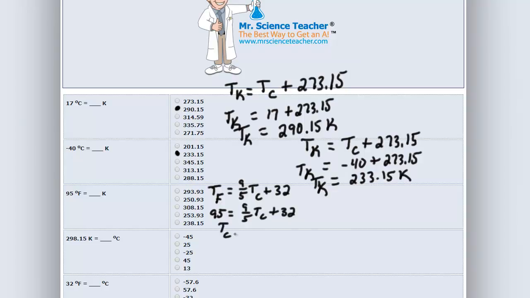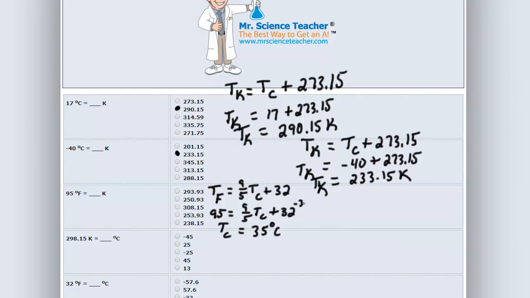So what is the Celsius temperature going to be? Well, we take 95, and we're going to have to subtract 32 from both sides. And then we're going to multiply by 5 and divide by 9. And we're going to get 35 degrees Celsius.